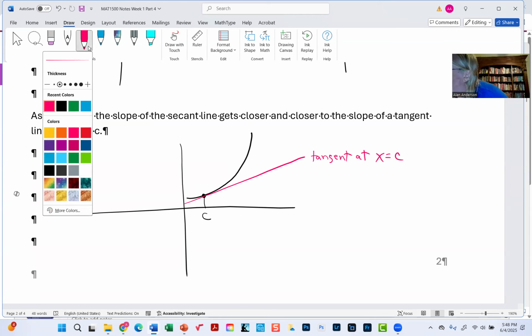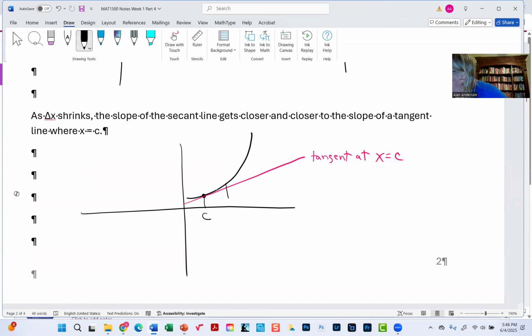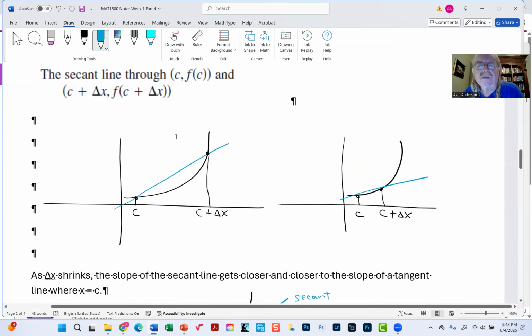So as c plus delta x gets closer and closer, let's say here, they're going to get closer and closer to each other.